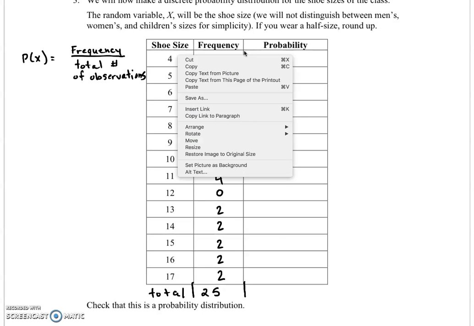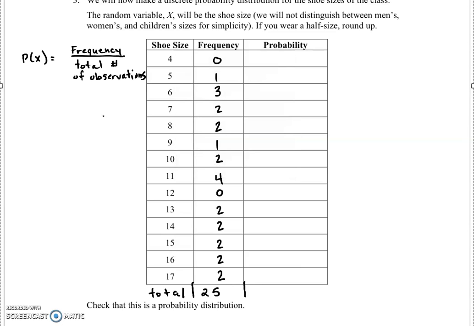So for shoe size of 4, we had 0 of them, so that's 0 over 25, which equals 0.